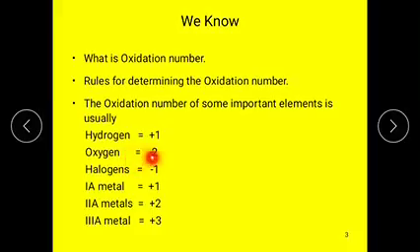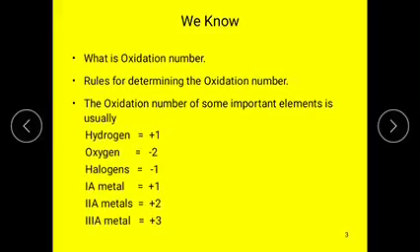The usually used oxidation number of oxygen is -2, but in the case of peroxides, we should take it as -1. Peroxides like sodium peroxide, hydrogen peroxide, barium peroxide: in those cases, the oxygen oxidation number is taken as -1.